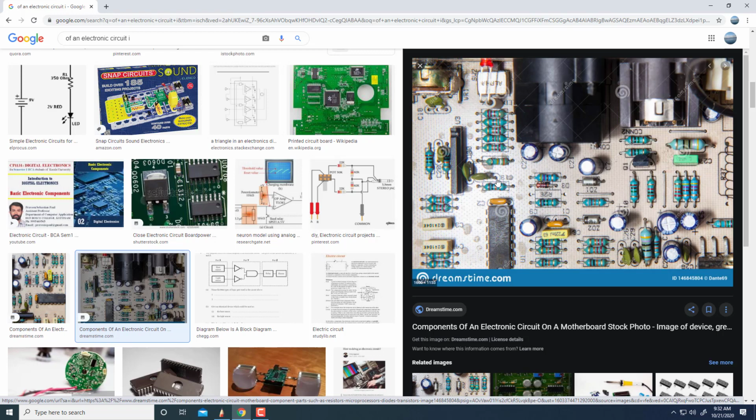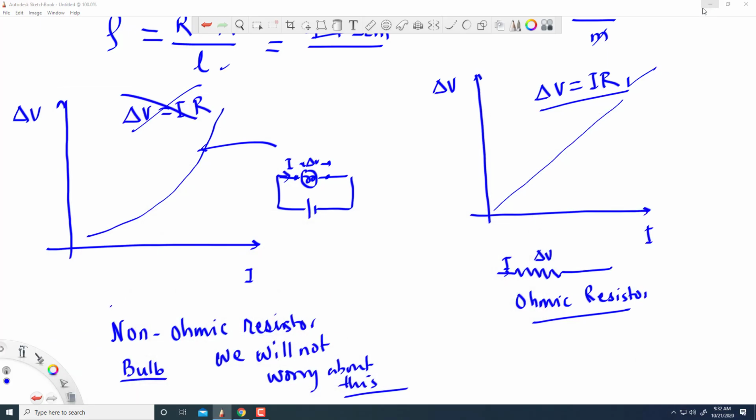Okay. So, in an actual circuit you will find resistors connected in different ways, and all those different ways can be broken down into two ways. They are series combination and parallel combination.